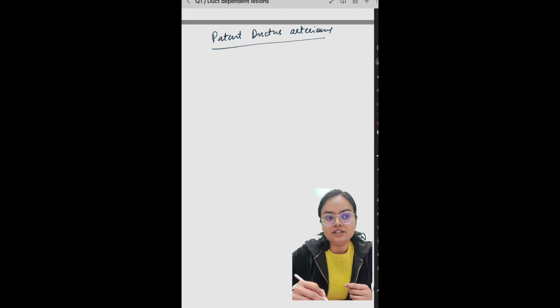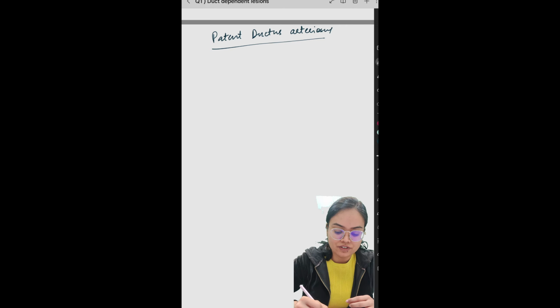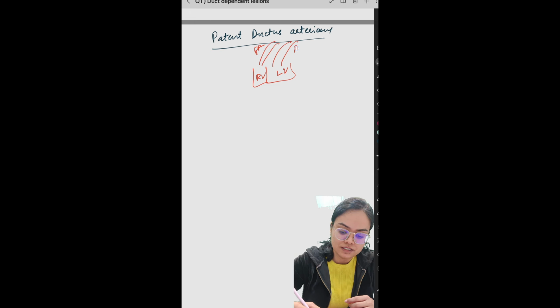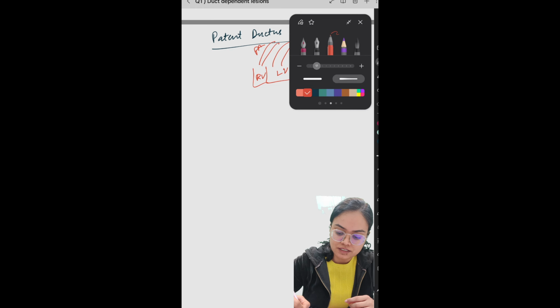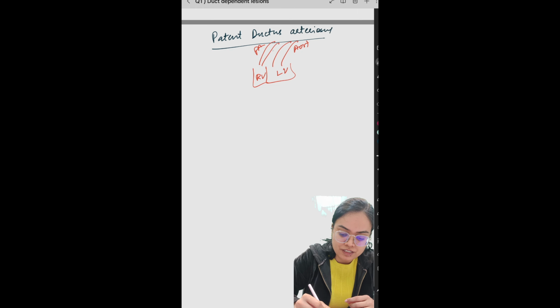We know that during intrauterine life, we have a duct between pulmonary artery and aorta. This communication between them is called the ductus arteriosus.